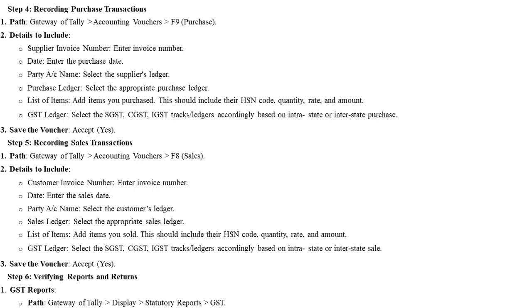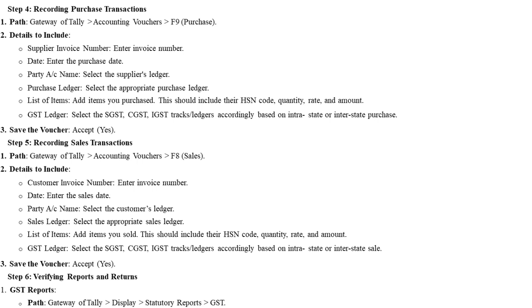This should include their HSN code, quantity, rate, and amount. GST ledger, select the SGST, CGST, IGST ledgers accordingly based on intrastate or interstate purchase. 3. Save the voucher, accept, yes.